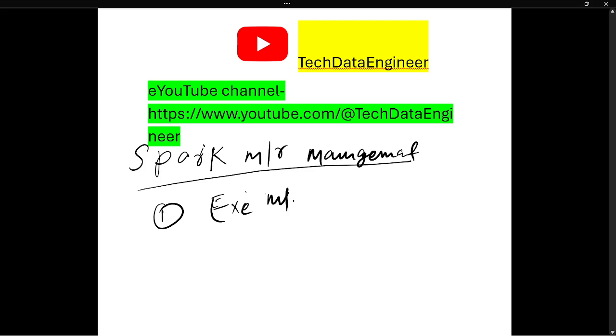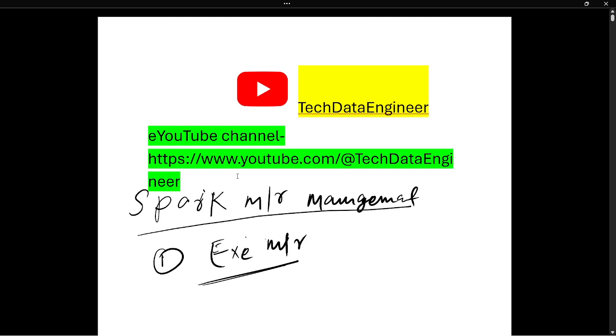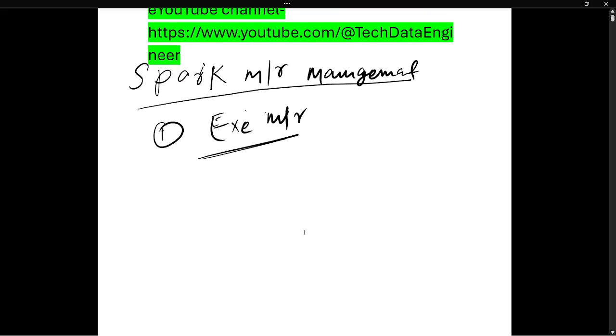First we will understand what is executor memory. What is executor memory basically? Let us understand with a real-time analogy. Then we will understand what is executor memory and all. So first understand the executor memory analogy.